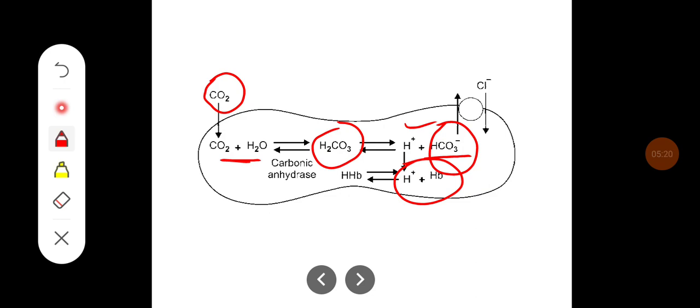To maintain the neutrality, some of the ions also enter inside the cell, which drags some amount of water, and it increases the volume of RBC.